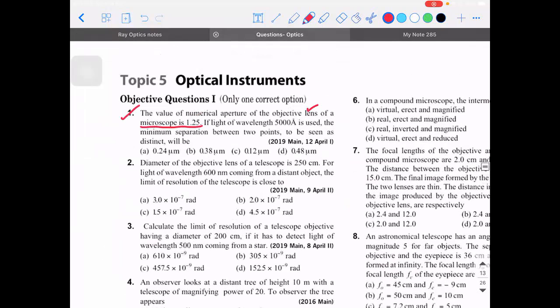If light of wavelength 5000 angstrom is used, the minimum separation between the 2 points to be seen as distinct, that is, the limit of resolution, is what they are asking. So the numerical aperture is given as 1.25, which is 5/4. What is the formula? It is 0.61 times lambda divided by d. So 5 by 4 is given here. 0.61 lambda is known. One unknown, one equation. Can you guys calculate and tell me? Make it fast.